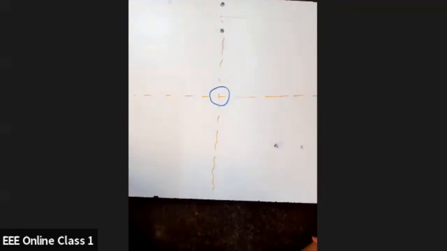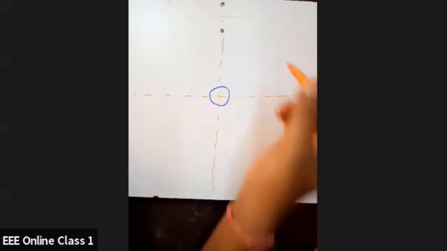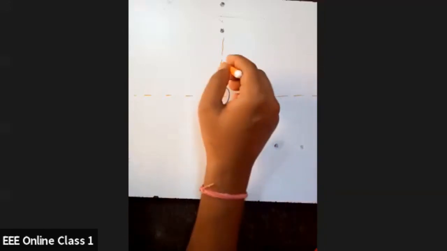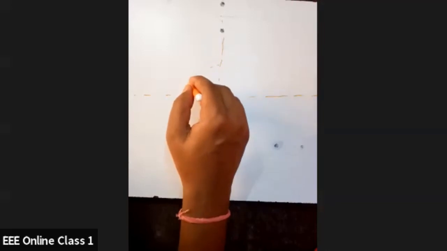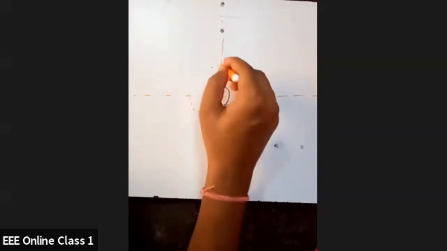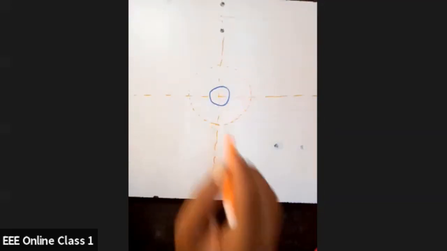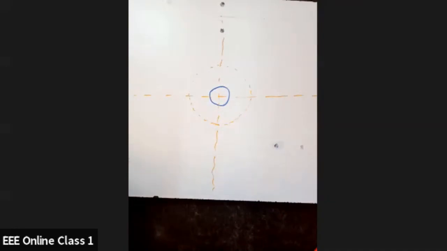Now, next the diameter of rotor is given, 46 centimeter. So let us draw a reference circle with 46 centimeter dia, and it has number of poles 10.